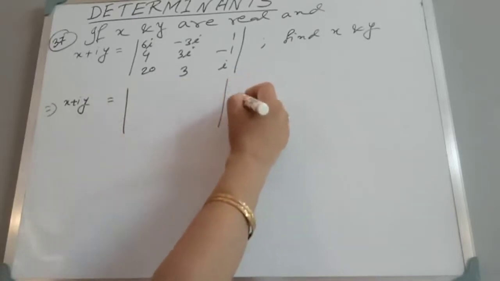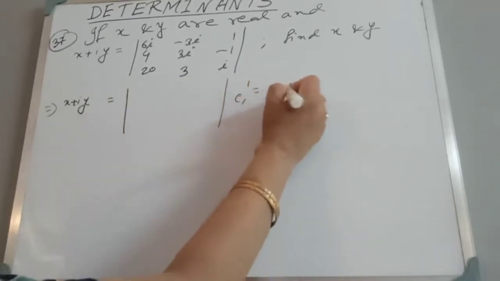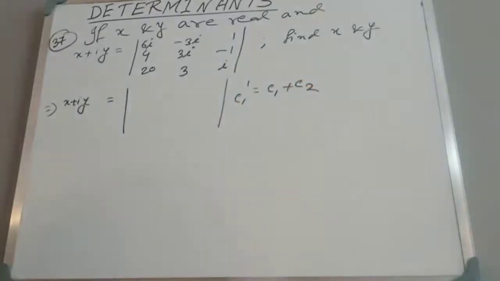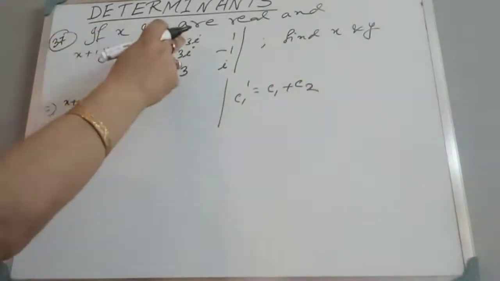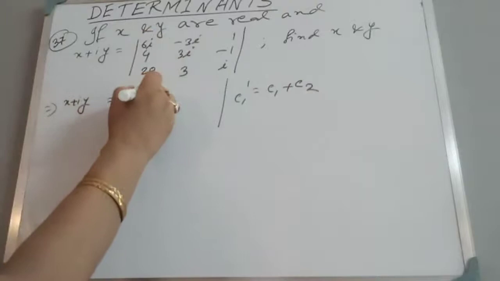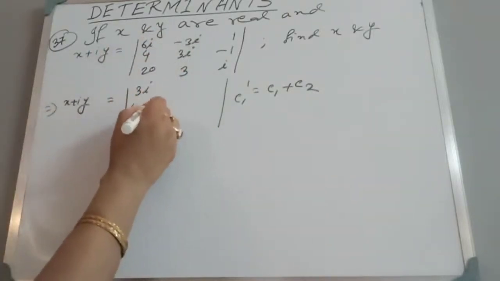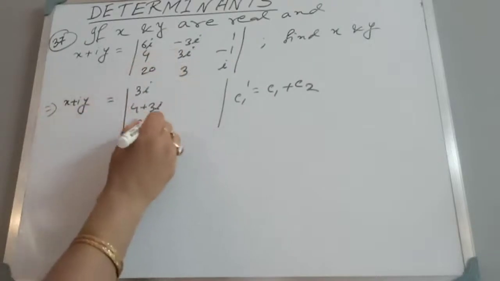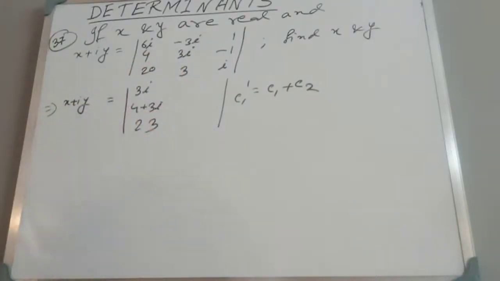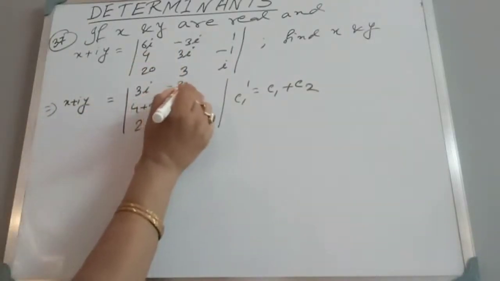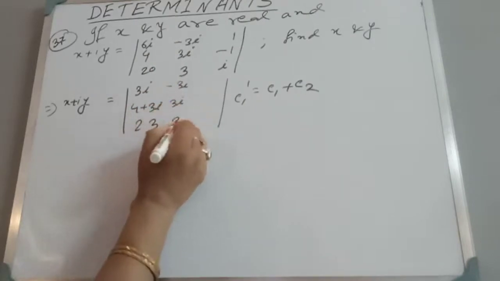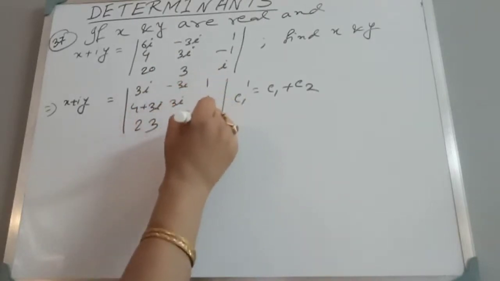we will give the operation C1 dashed equals C1 plus C2. So C1 plus C2 means 6i minus 3i, so it will be 3i, and 4 plus 3i, next 20 plus 3 is 23. And the others will remain the same, so it will be minus 3i, 3i, 3, and this is 1, minus 1, i.